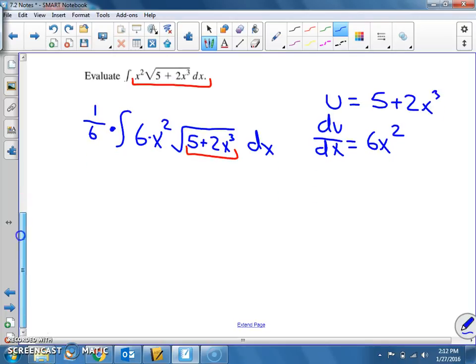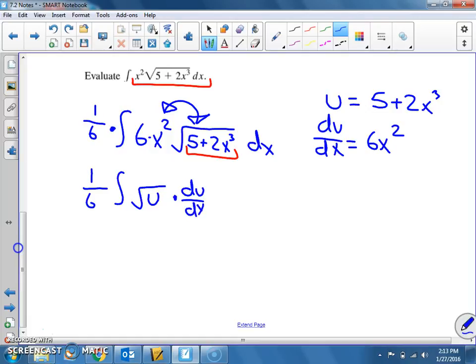Right, so what I'm going to do then is replace those. So I have 1/6 integral of, and I'm going to, again, reorder these. A lot of times the du dx gets put out in front. So I would have the square root of u times du dx dx. Do you see how we get from that step to these two steps?